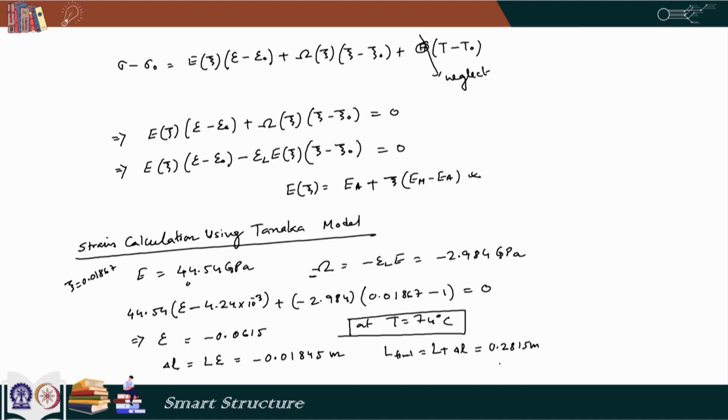Now, we have to do the same thing using the Liang and Rogers model. So, now we will do strain calculation using Liang and Rogers model.